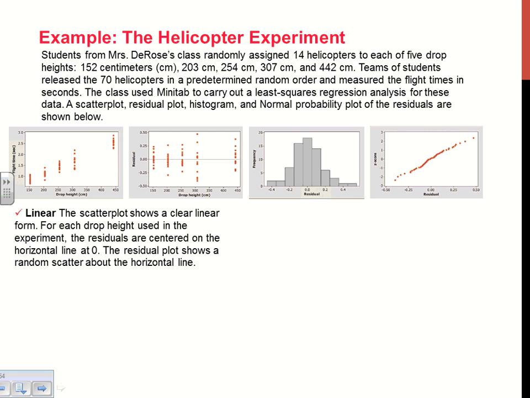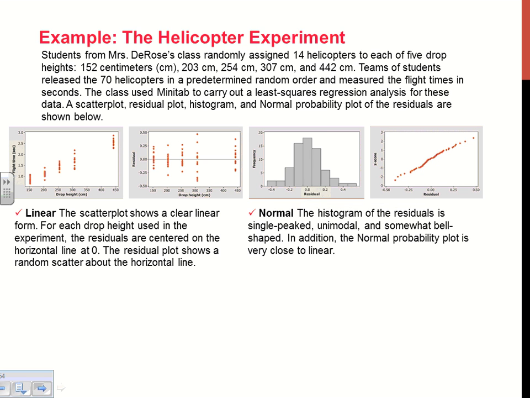So let's look over these. Linear, right? So linear, the scatter plot shows a clear linear form. And then you can see the residuals are all centered around 0. And then over in the residual plot, you can see a random scatter about the horizontal line.